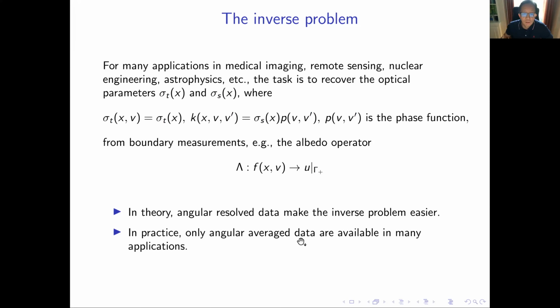So in practice, more realistically, you get angularly averaged data, which means at each point you just get the density. You integrate against the direction, and you get the total photon count at that location rather than the photon count at that location in a particular direction.